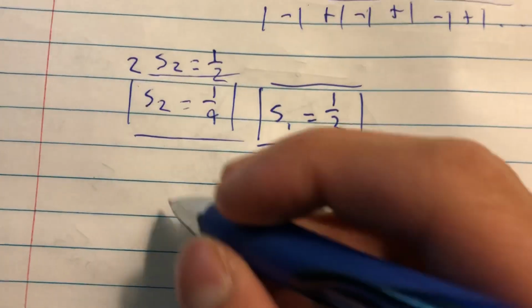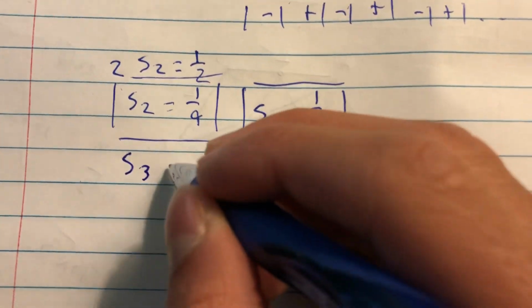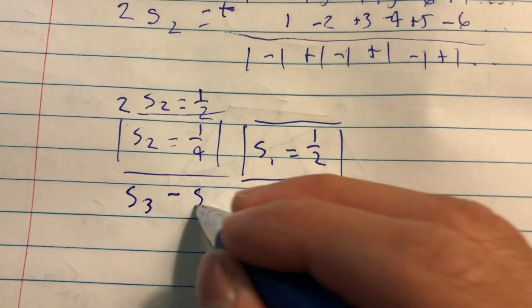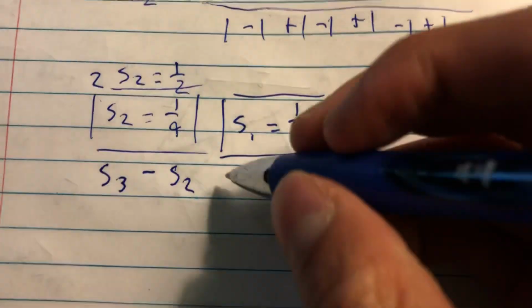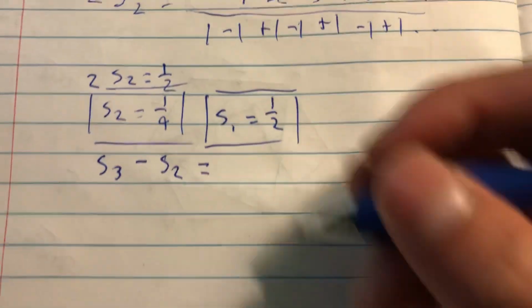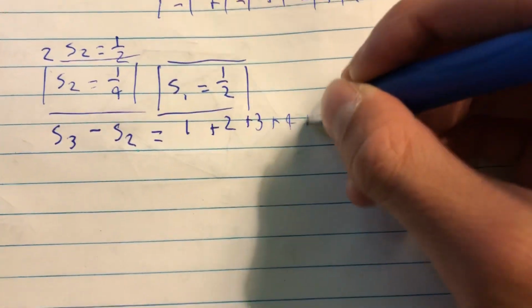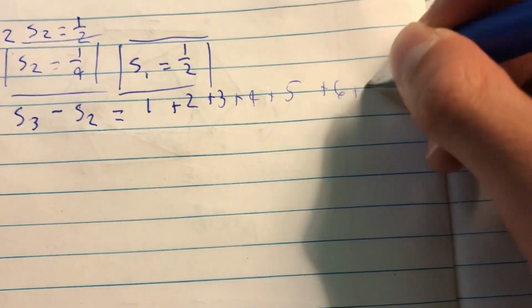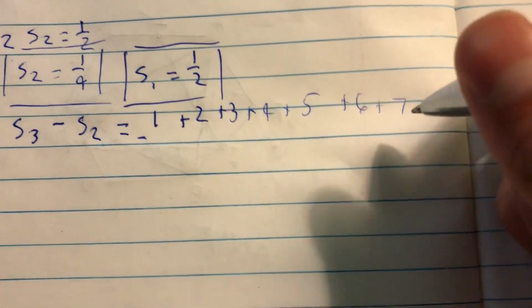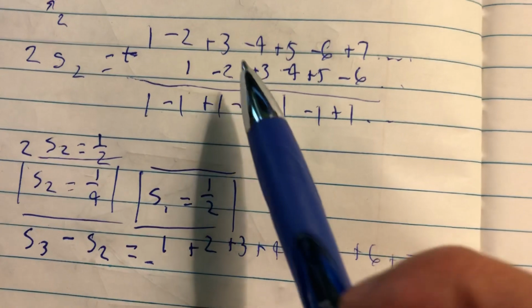Well, let's take our S3 minus S2, and let's see what we get from that. S3 minus S2 is equal to 1 plus 2 plus 3 plus 4 plus 5, 6, 7, we're going to keep going down, and we're going to minus this one right here.